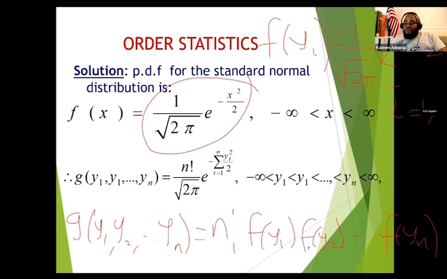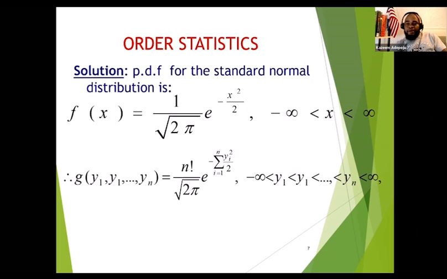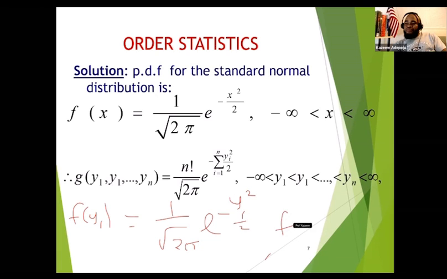So for f of y1, it's actually going to be 1 over square root of 2 pi, exponential raised to the power minus y1 squared divided by 2. For f of y2, it's also going to be the same, except that you're going to plug in y2.